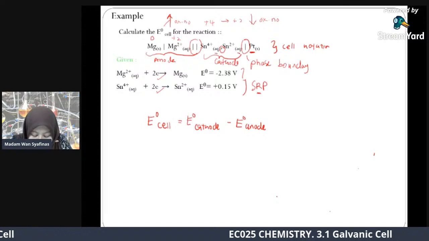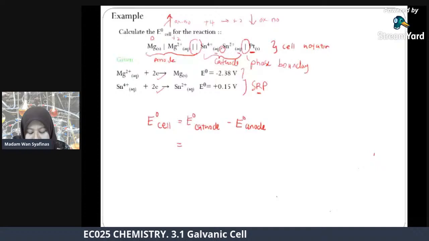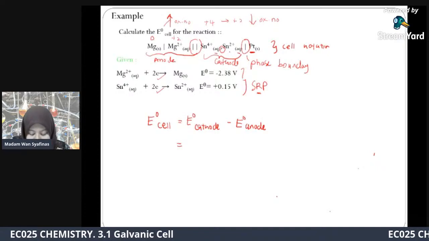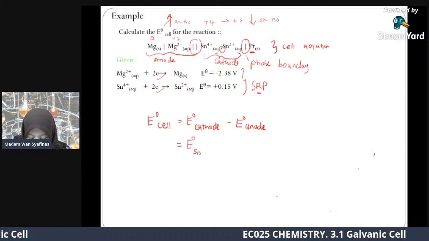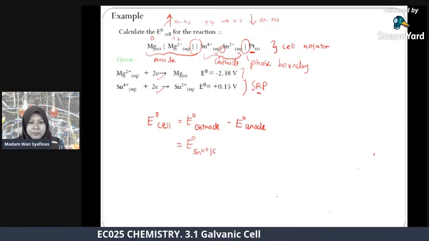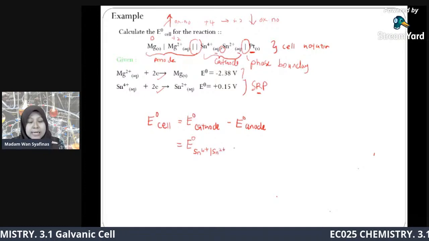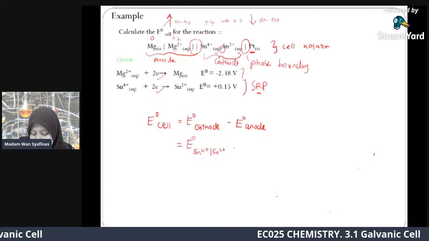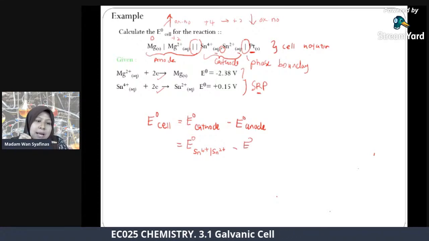So kalaulah boleh kamu spesifikkan dia. Cathode tu kita tahu dia adalah Sn4+ dengan Sn2+. So kita boleh letak kat sini E naught Sn4+, Sn2+. Maksudnya kita spesifikkan dia. Okay. Minus E naught anode. So untuk anode kita ada magnesium. So kita tulis dalam bentuk reduction, sebab kita nak masukkan nilai daripada SRP table.